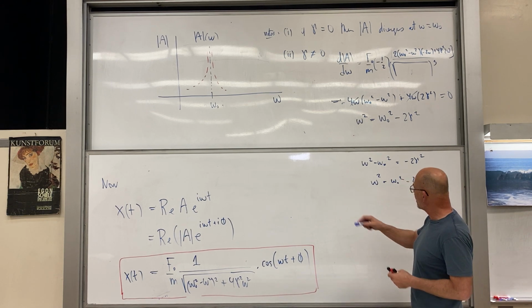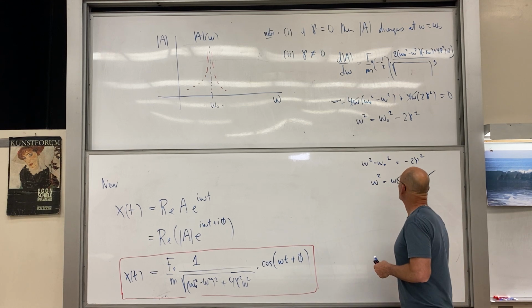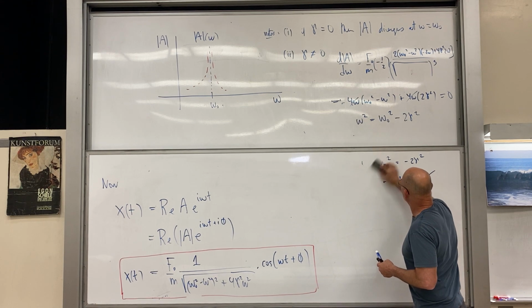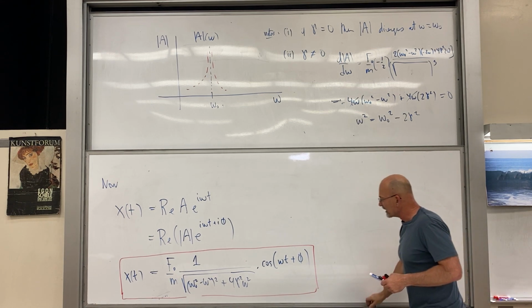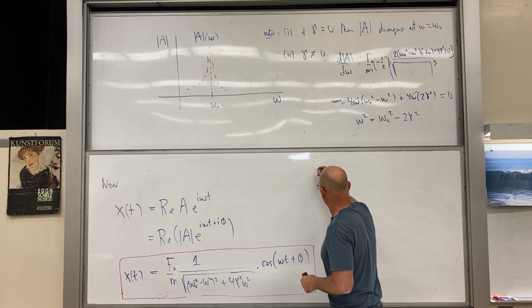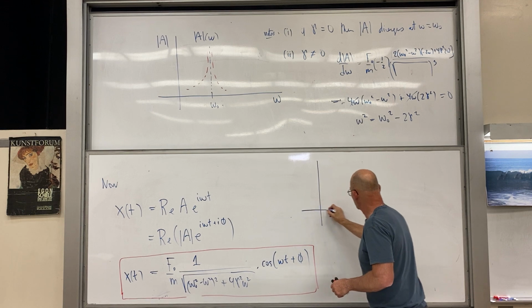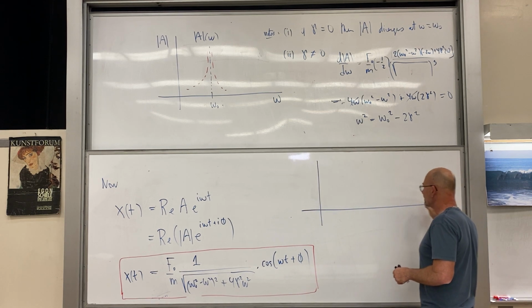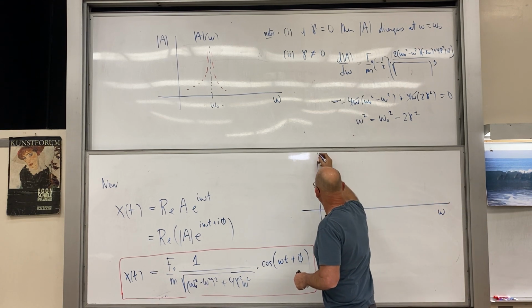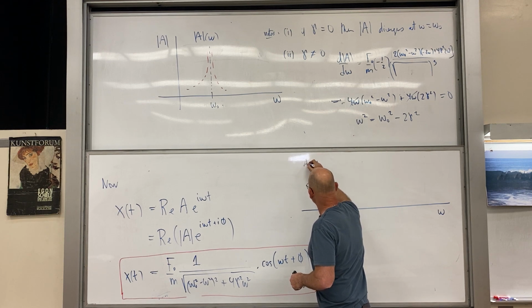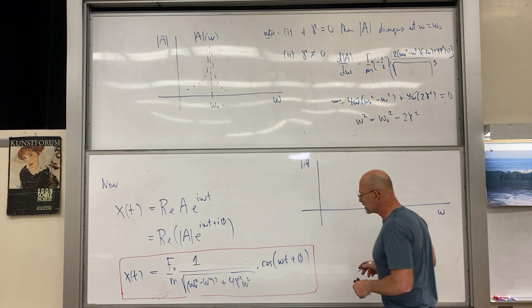And let's go ahead and draw this whole thing. That was fun. Let's go ahead and draw this a little more carefully this time. So we have amplitude as a function of omega.